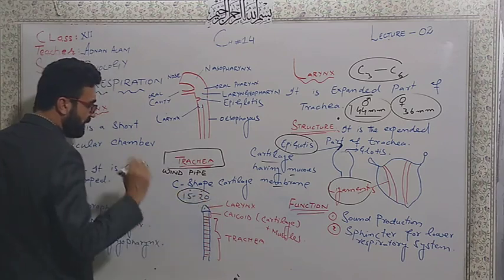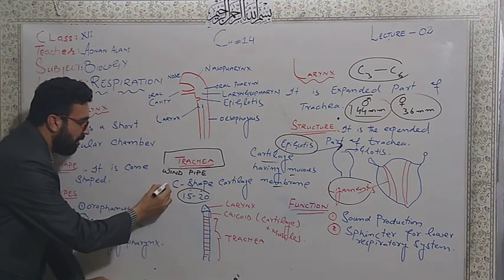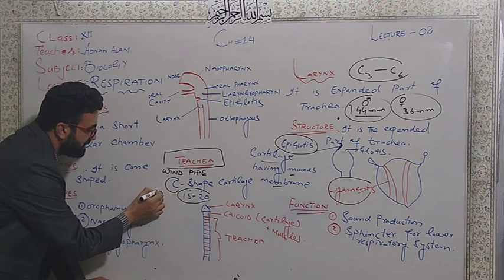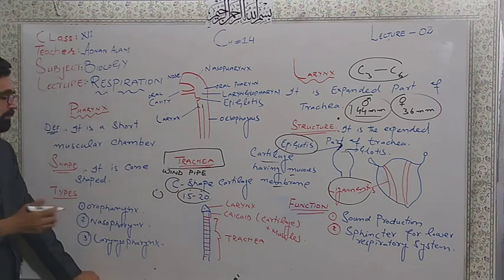They are 15 to 20, and the main logic behind the C-shaped cartilages is that there are muscles here, because the trachea is connected with the esophagus, which is a food pipe.